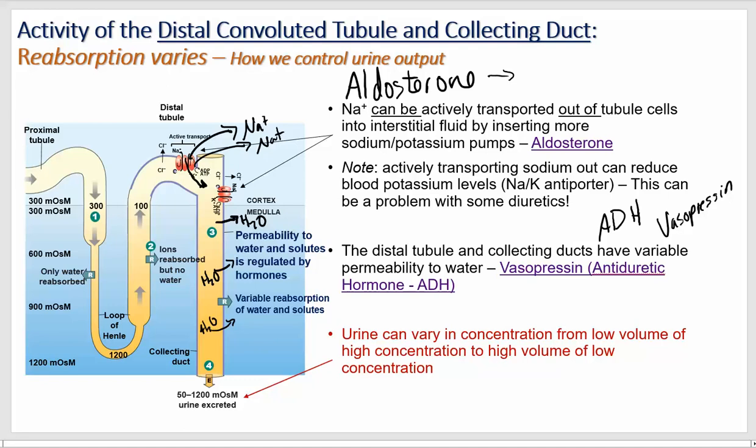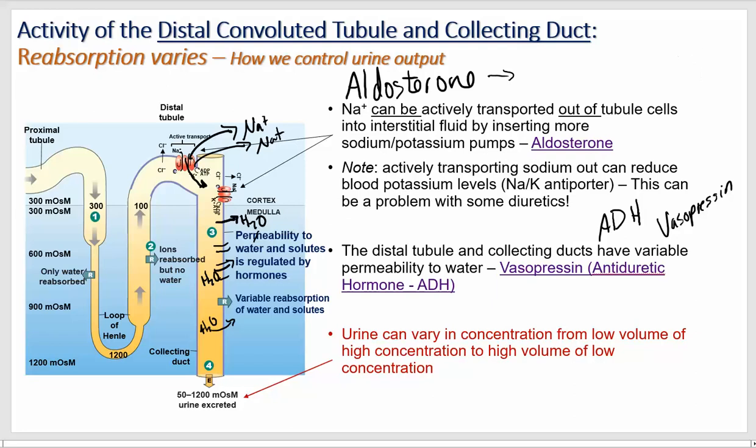But if the sodium concentrations are high, the blood volume is low, so osmolarity is up a little bit, we need to reclaim more water. If that decision, quote unquote, is made, then we have the release of ADH from the posterior pituitary, and it will cause the insertion of water pores and allow water to be reabsorbed. That's how that works.